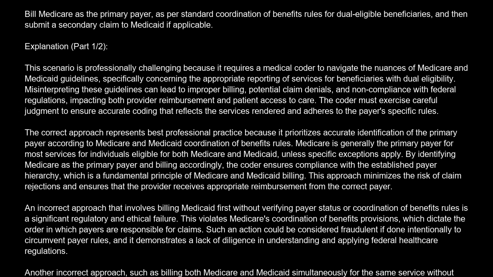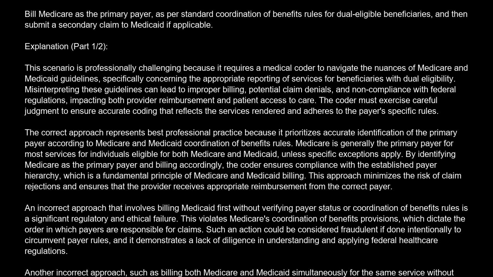An incorrect approach that involves billing Medicaid first without verifying payer status or coordination of benefits rules is a significant regulatory and ethical failure. This violates Medicare's coordination of benefits provisions, which dictate the order in which payers are responsible for claims. Such an action could be considered fraudulent if done intentionally to circumvent payer rules, and it demonstrates a lack of diligence in understanding and applying federal healthcare regulations.